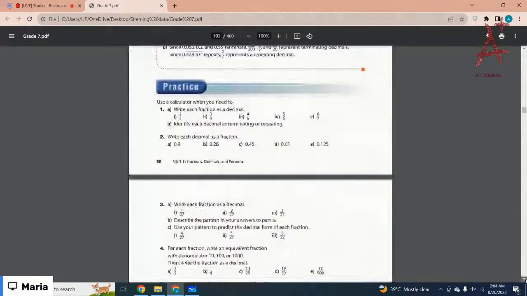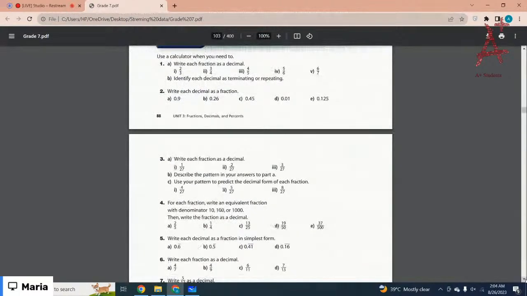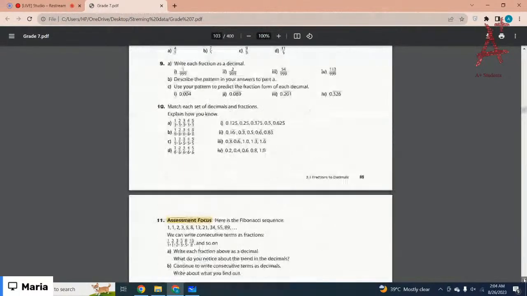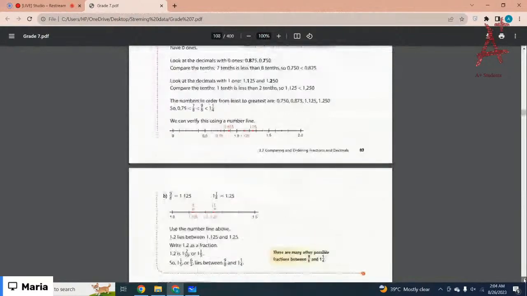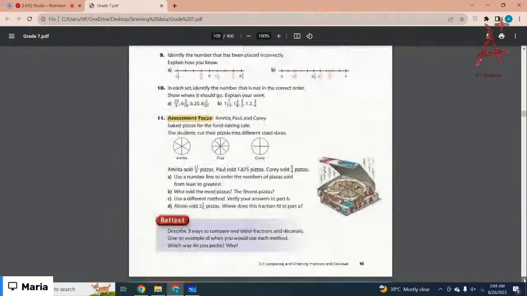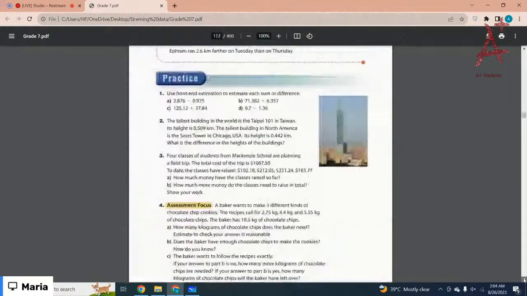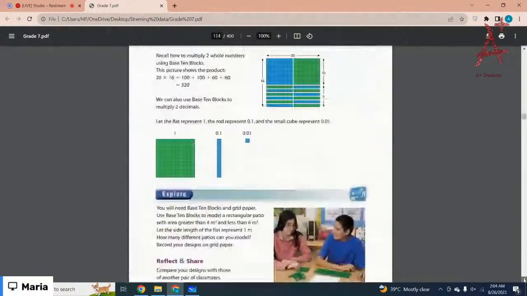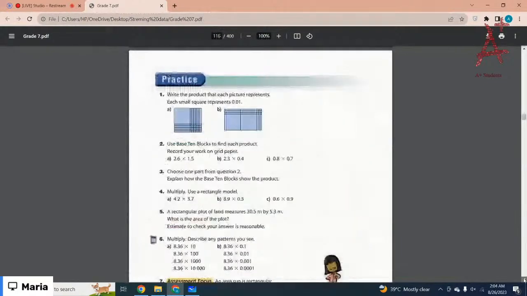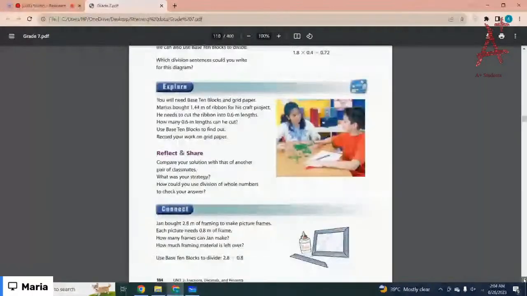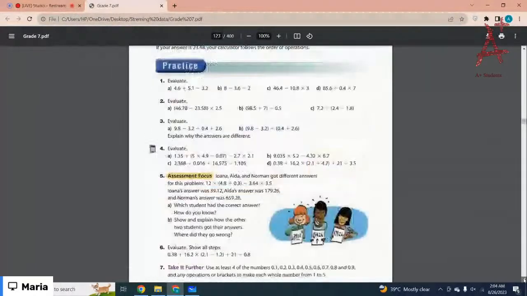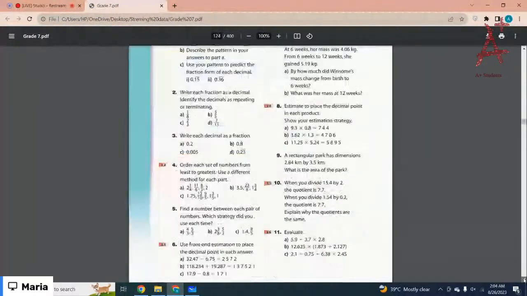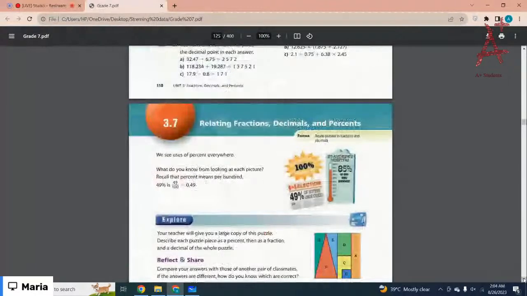We have to start with the lesson relating fractions, decimals, and percents. 3.7 it is. Let's just go to 3.7. Okay, here is 3.7, that is relating fractions, decimals, and percents.